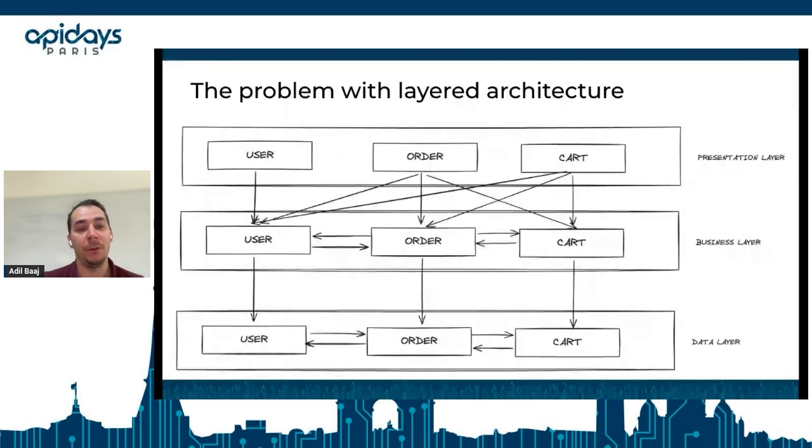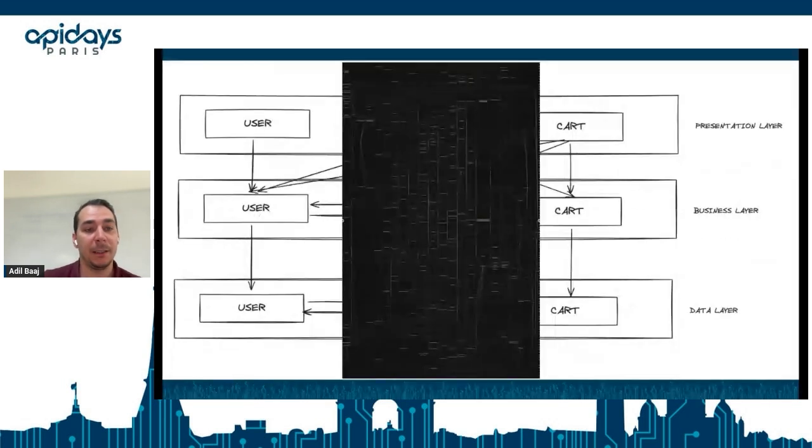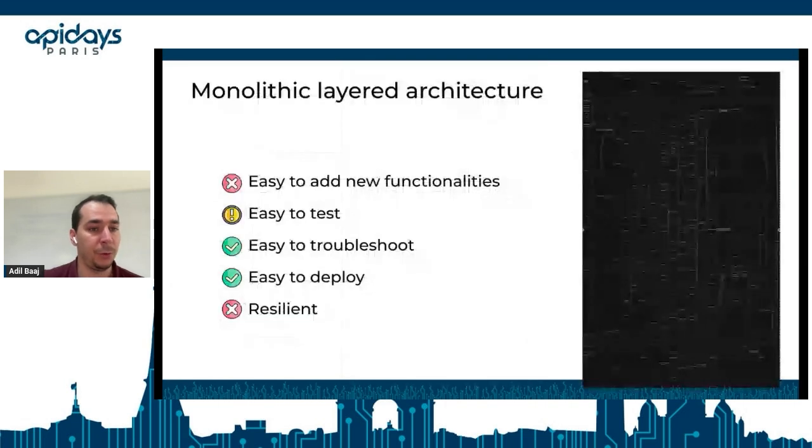This is due to the fact that there is nothing preventing this horizontal communication in each layer, and especially in the business layer. So we introduce this coupling in the business layer, which can make the code base really hard to work on, especially if it's a big code base.